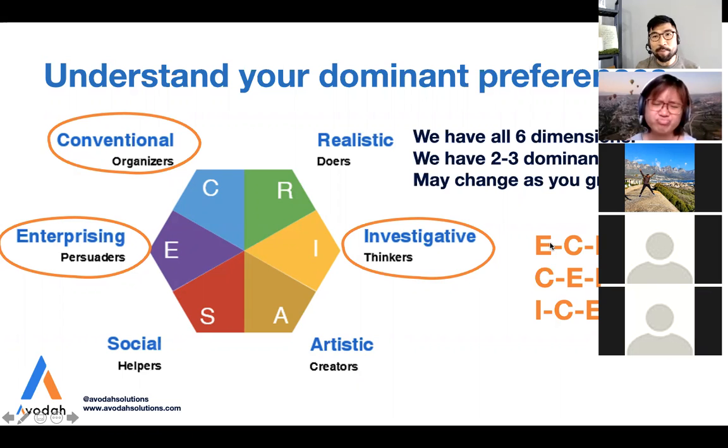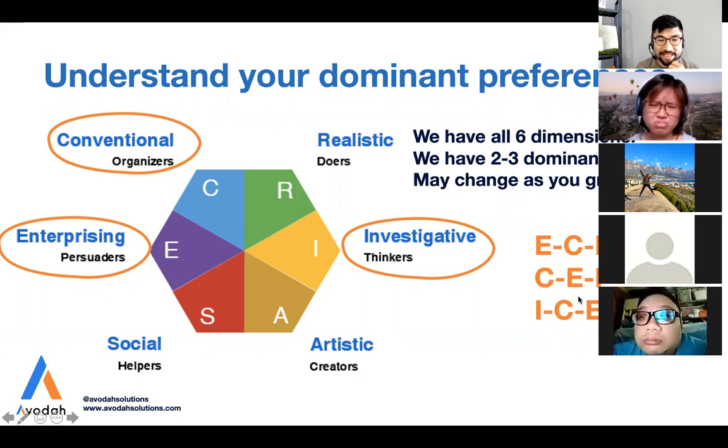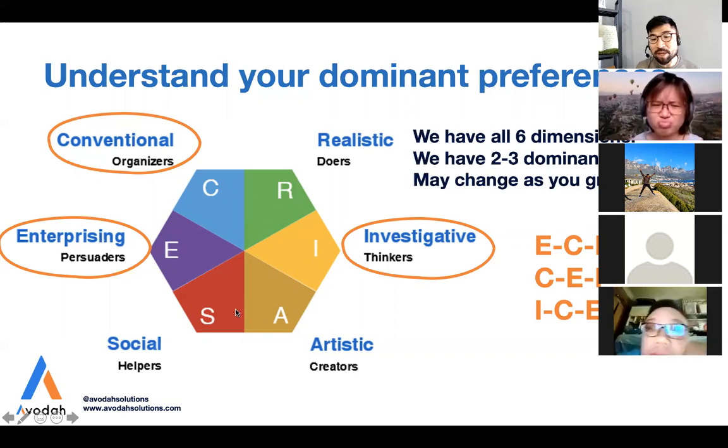But for some of us, when we look at our scores, the top 3 are pretty even, quite on par with each other. Then that's where you can use a combination to describe your preferences. So don't look at yourself as just E, C, and I, or C, E, and I, it doesn't matter. Actually, you do have the other 3 as well. It's just that they are lower. So this is a little bit of explanation on the RIASEC dimensions for you.